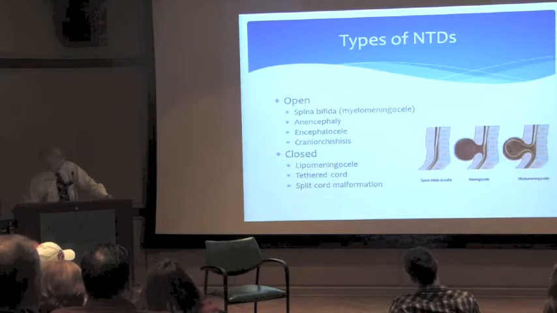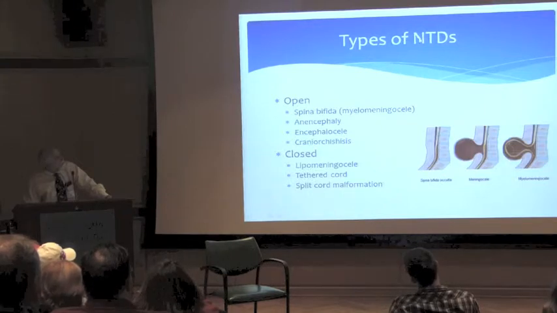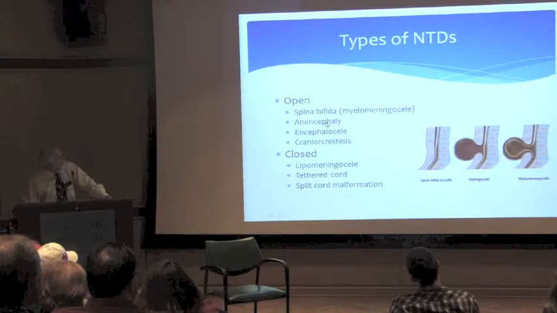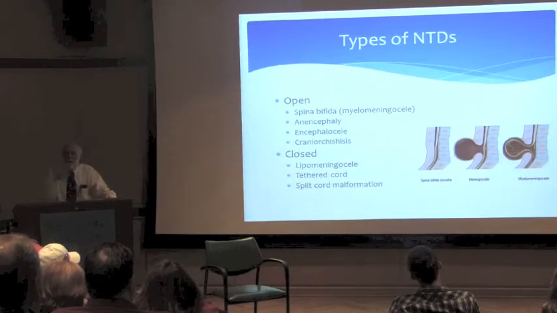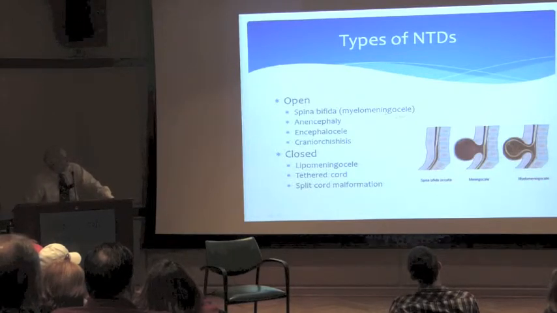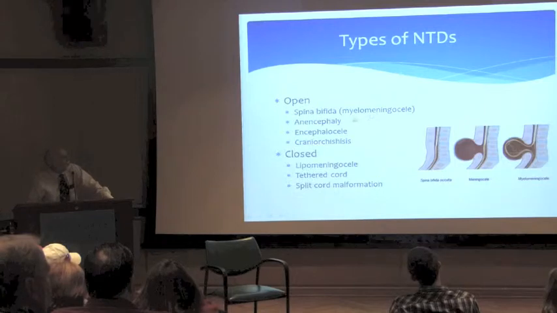Carrying on that theme, these are the types of neural tube defects. The open, which everyone here is familiar with, spina bifida. You'll see, by the way, Dr. Walker and others have said myelomeningocele. Sometimes you'll see meningomyelocele. The meningo are the coverings. The myel is the spine. The cele is a simplistic word for cyst. So if you know the Greek, you can actually translate the word.